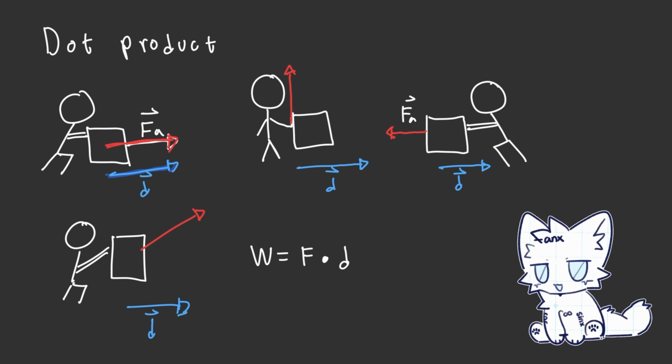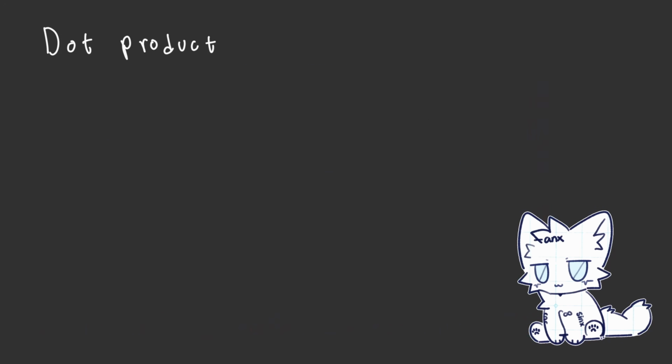So what the dot product actually measures is the alignment between two vectors.